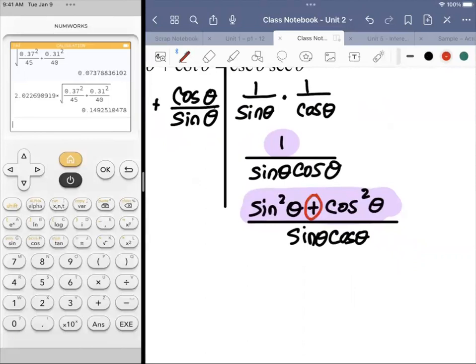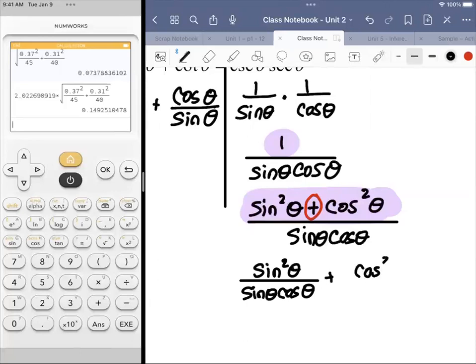So this would become, if I break it up, sine squared theta over sine theta cosine theta plus cosine squared theta over sine theta cosine theta. And then I could simplify. So I'm basically doing what I would do on the right-hand side, but in reverse.